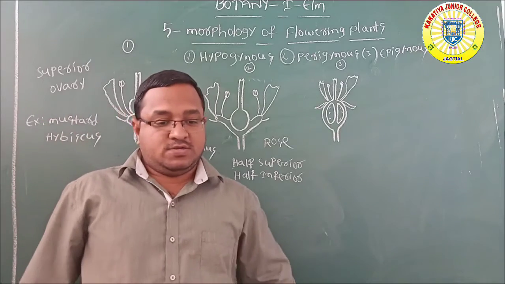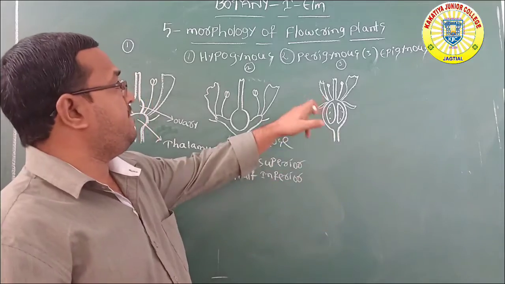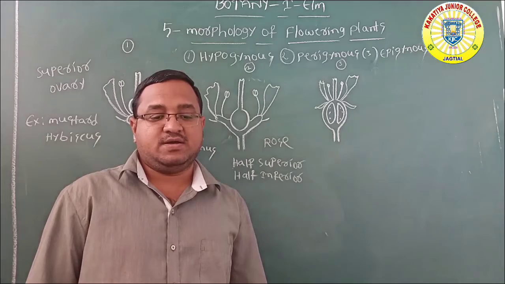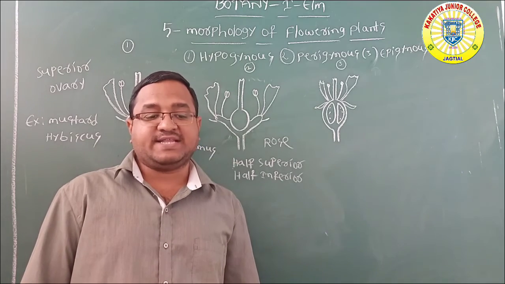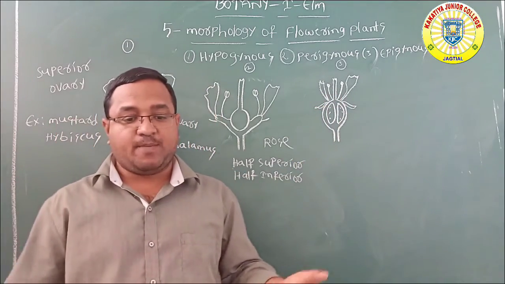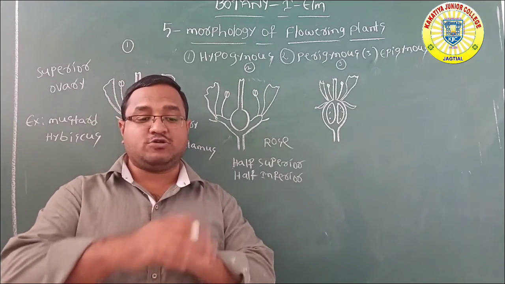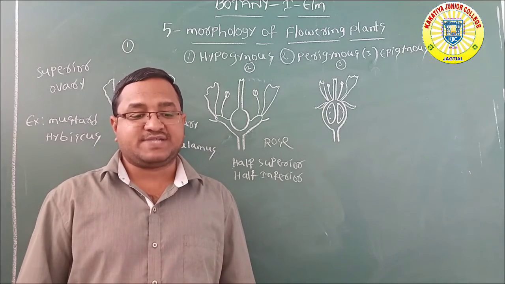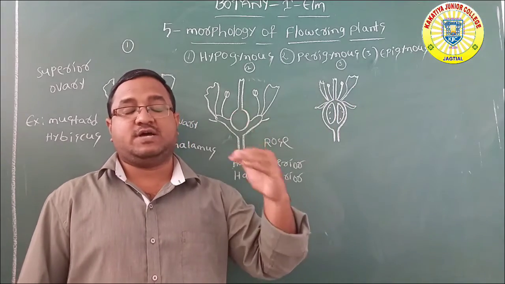Okay. So next, third one, epigynous. In epigynous flowers, the margin of the thalamus grows upward and completely encloses the ovary, getting fused with the ovary, while other parts are arranged above the ovary.